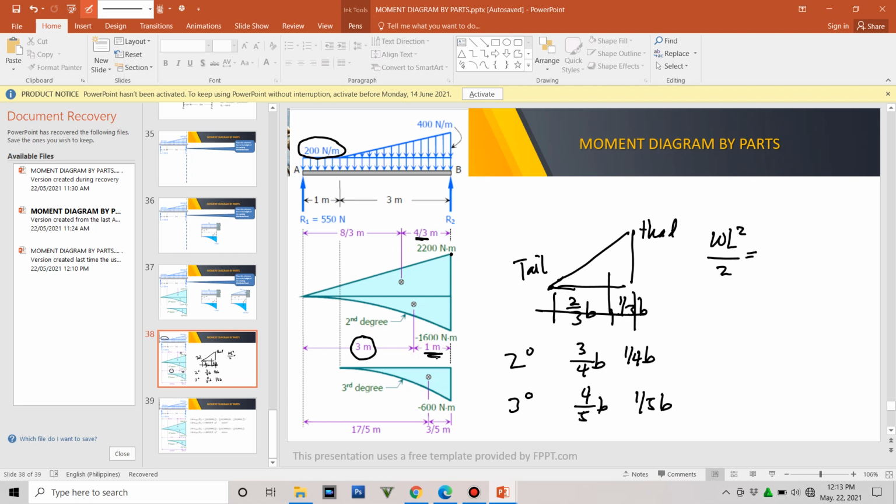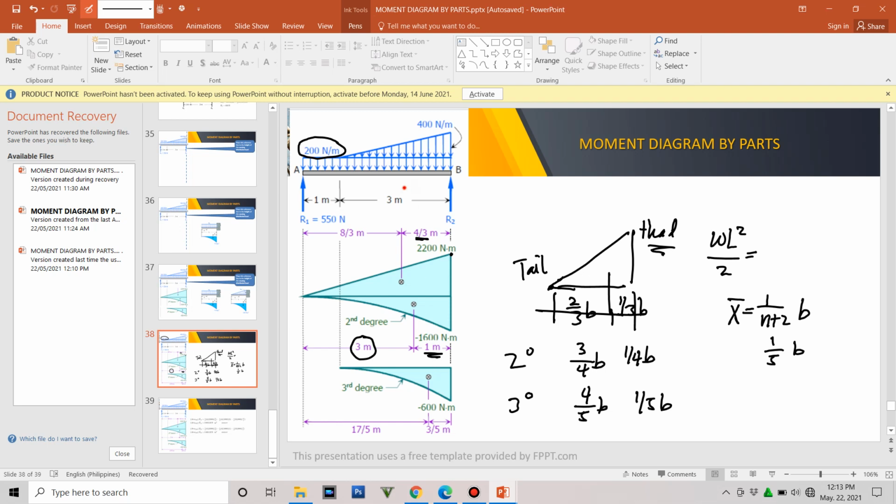Okay? So in the case of the third degree naman, ito 1/5 na yan kasi nga yung formula natin, x bar from the ulo or the head is 1 all over n plus 2. Ang n natin dito is 3. So 3 plus 2, that is 1/5 of the base. So yan, yung 1/5 of the base referred to that of the head. So ano yung base ng spandrel natin?